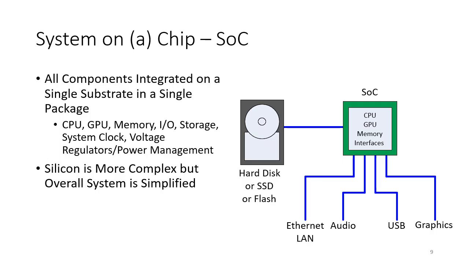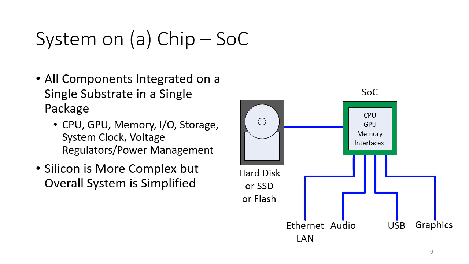It might actually be multiple substrates, so for example, you might see multiple level chips, but the idea is now you've got this single device which pretty much does everything. For some embedded devices, there's effectively only one chip on the board. It's got the CPU, its own graphics processing, all the memory interfaces, and all the third party interfaces like Ethernet and audio and USB and graphics and so on. So the benefit there is, although the silicon is a bit more complex, the overall system is considerably simplified.